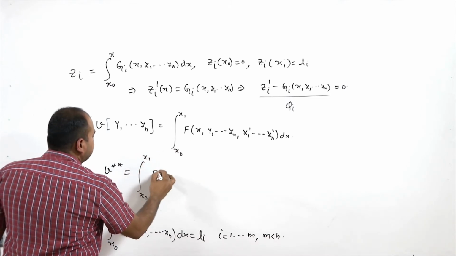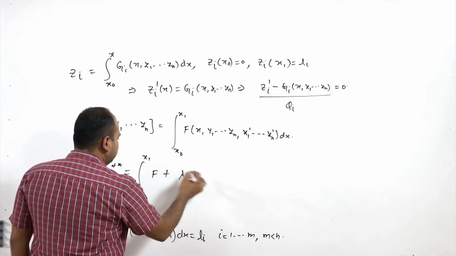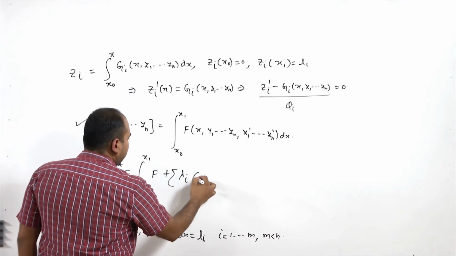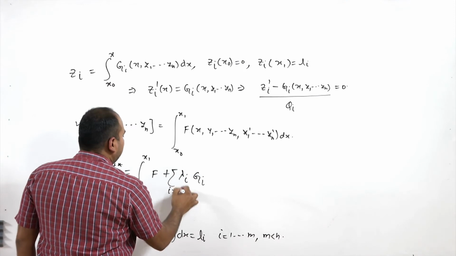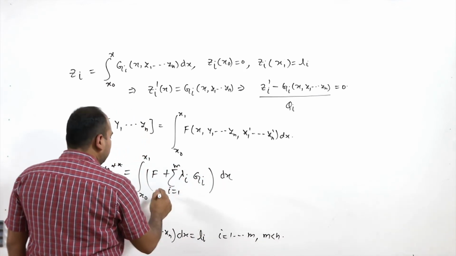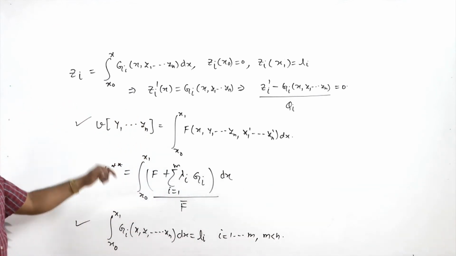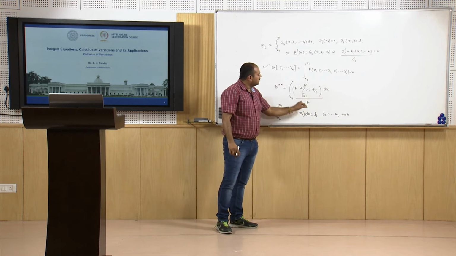We call this f plus summation lambda i gi, i from 1 to m, dx. So here we consider this as f bar, and we simply find out the Euler's equation for this.